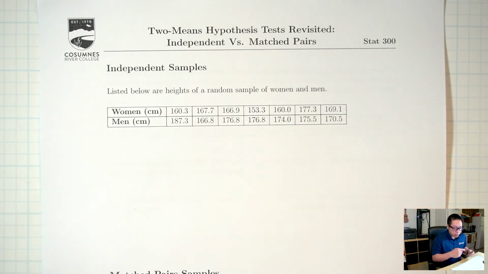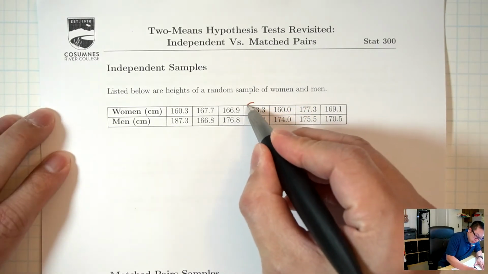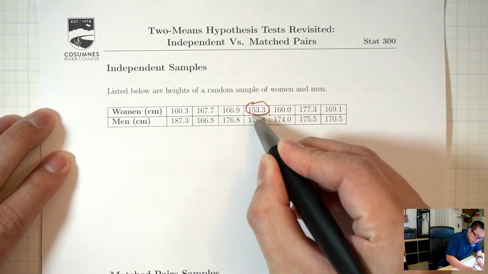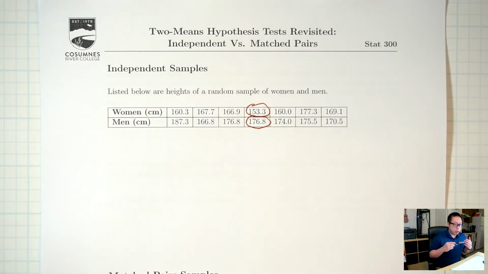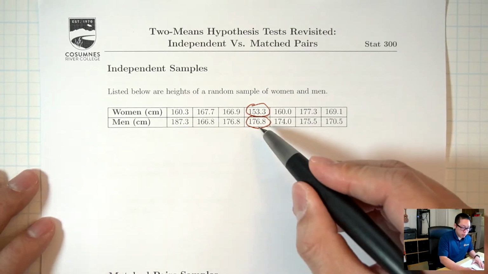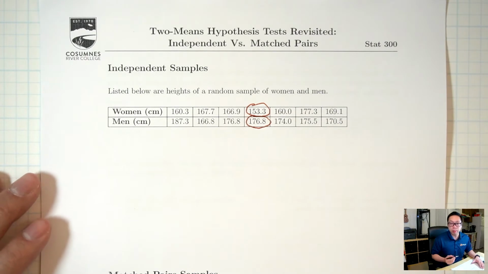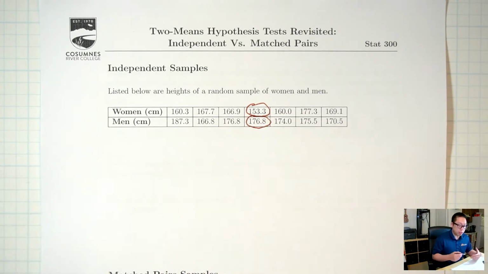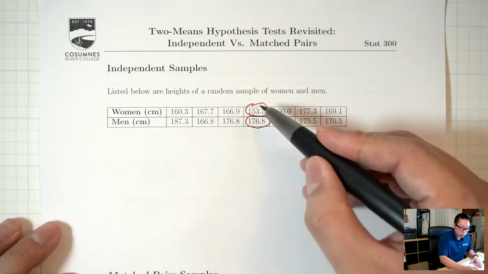So let's take a look at two of these numbers. 153.3 and this 176.8. And the question we need to ask ourselves is, based on the description here, is there any reason why this 176.8 needs to go with this 153.3? In other words, is there any reason why this man needs to go with this woman?